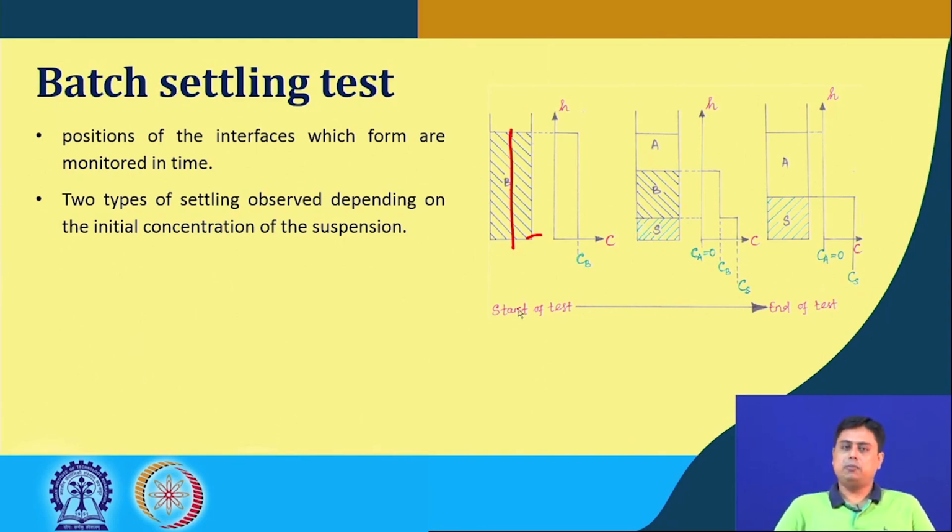And if you can monitor the position of the interfaces in time, you would see that there are two types of settling phenomena. In one type, there is a clear liquid zone, that is zone A. There is a clear sedimented portion, that means the particles that have settled there, and there is an intermediate portion of the concentration Cb that you initially started with.